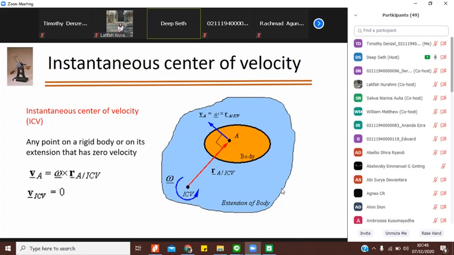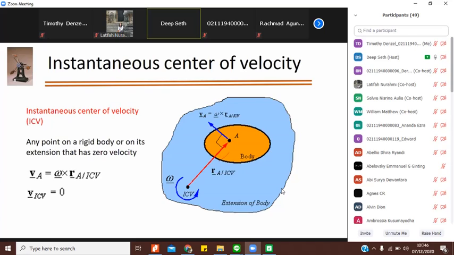So here you can see that this is your rigid body, and any point on a rigid body or on its extension that has zero velocity, we can write it as V equals omega times R, with respect to the ICV. So the velocity at the ICV will be zero.